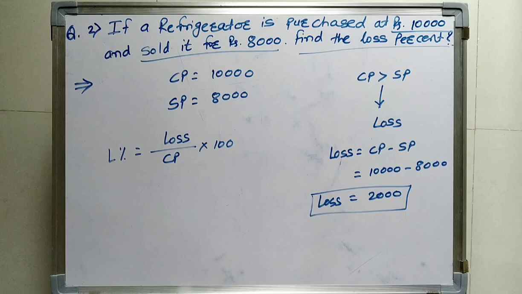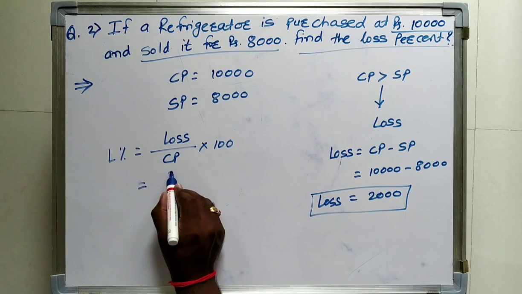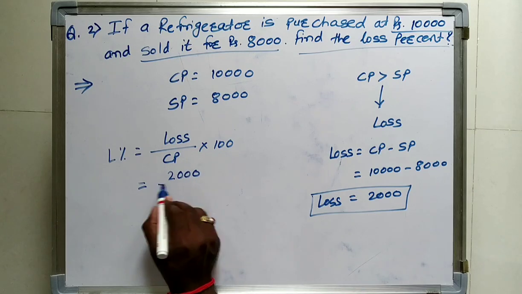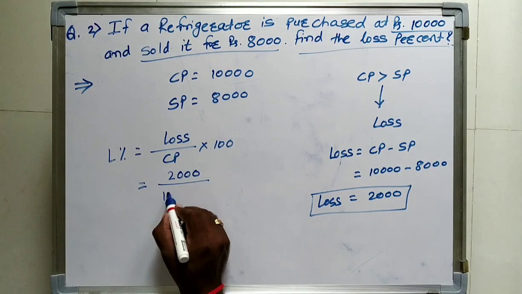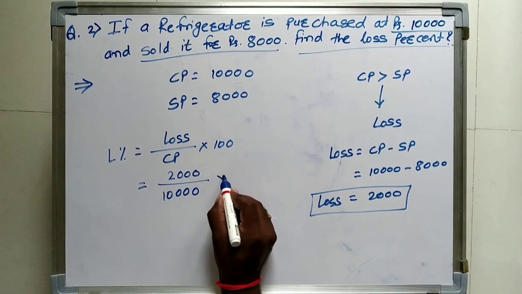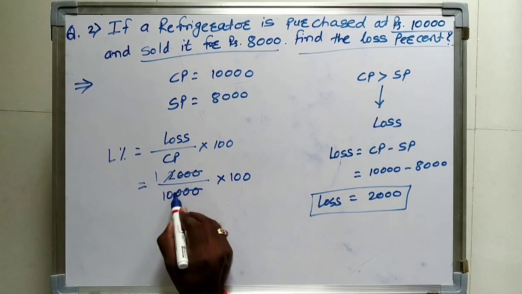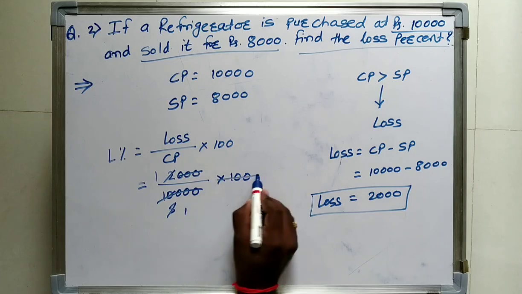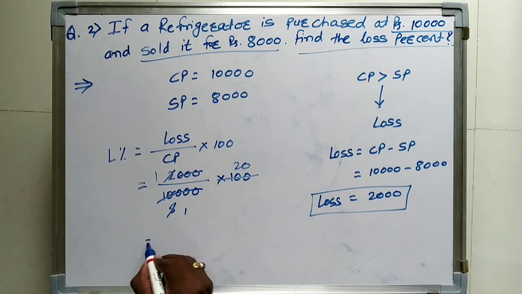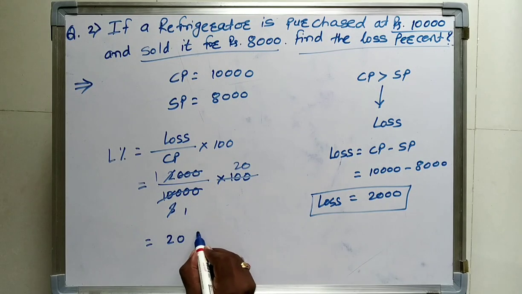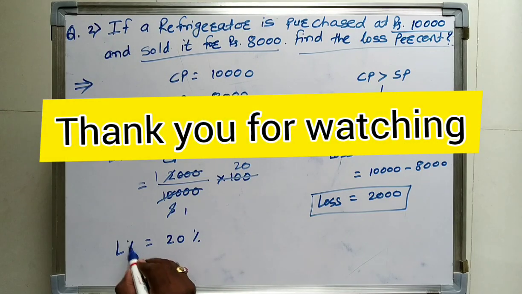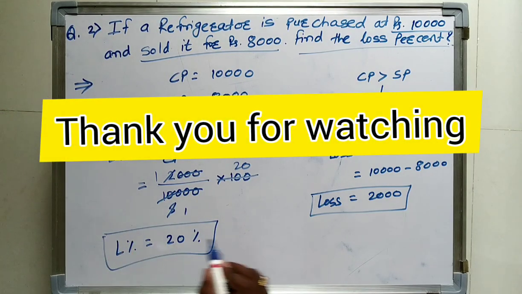Now, what is loss? 2,000. So we will take 2,000. What is CP? That is 10,000 multiplied by 100. Okay, 2 ones are 2, 5 ones are 5. So loss percent will be 20%. So our answer is 20%.